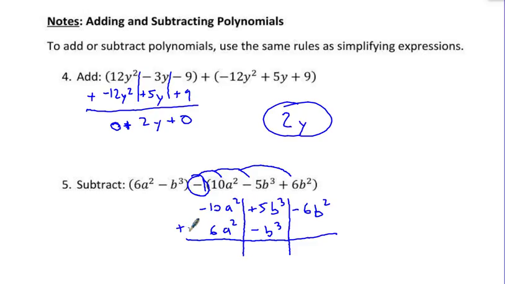And we can just go ahead and add them. And we will get negative 4a squared plus 4b cubed minus 6b squared as the final answer.